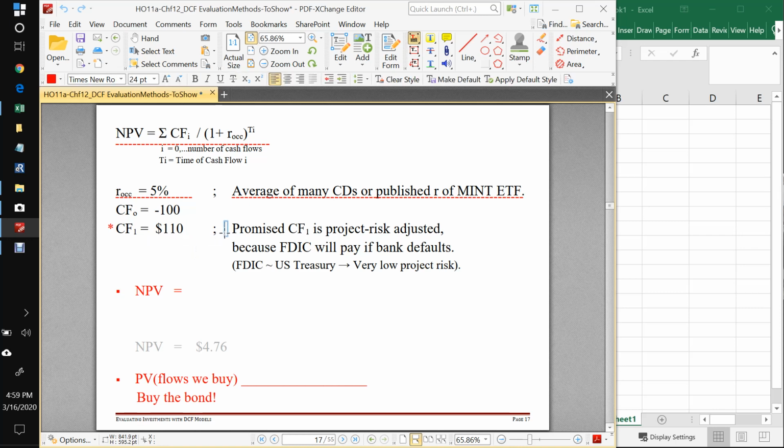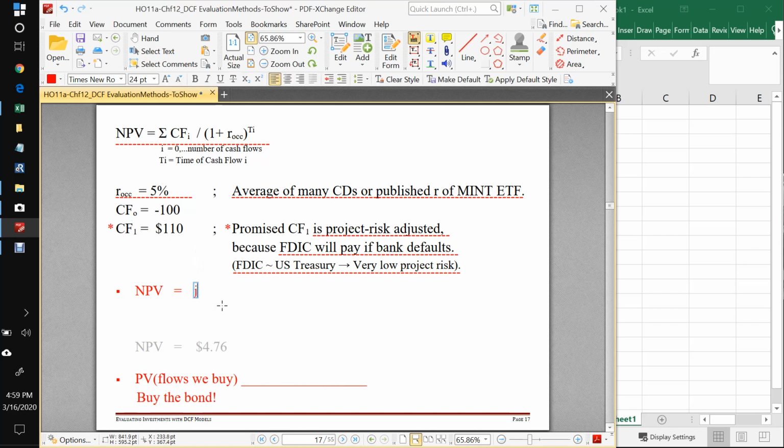But in this case, it's also the project risk adjusted cash flow. Why? Because if we have a stupid manager problem at the bank and the bank flames out, it doesn't matter. The FDIC is going to come in and pay us if the bank defaults. And remember, the FDIC is under the US Treasury, and there's very little risk to that. So in this case, the promised cash flow is equal to our risk-adjusted cash flow. So we don't have to worry about that.